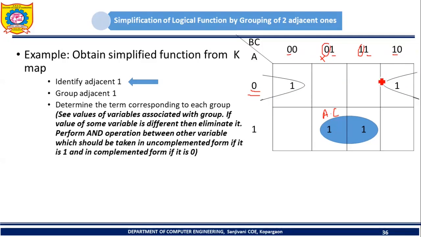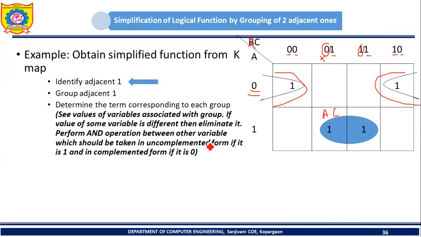So for this particular group, the value of B is changing. Here it is 0, here it is 1, so it is changing, discard it. What about C? Here C is 0, here C is 0, so the value of C is constant, and it is 0. So that's why we should consider C while writing the term for this particular group. Yes or no? Now we have identified that for this group B is changing, so we are going to discard B. We are going to consider only A and C while writing the term for this particular group.